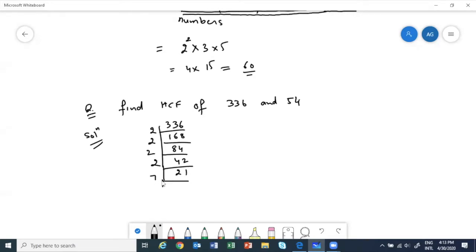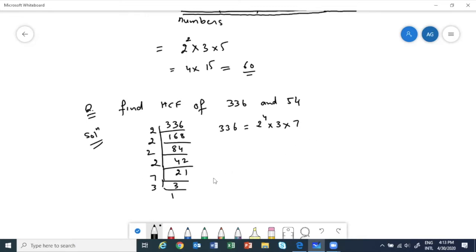Now 7 3 times and 3 1 time. So 336 in prime factorization form is 2 power 4 into 3 into 7, because I'm writing in ascending order.